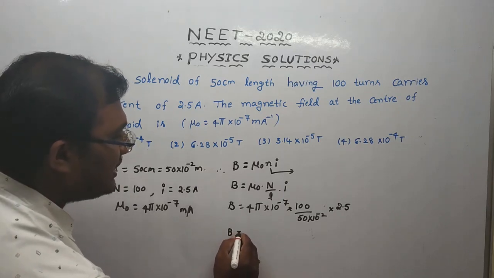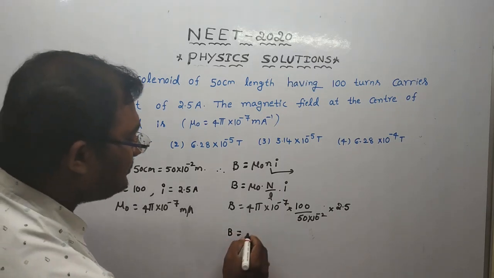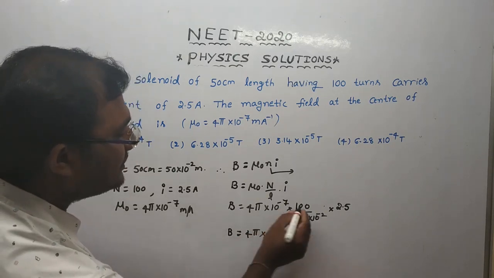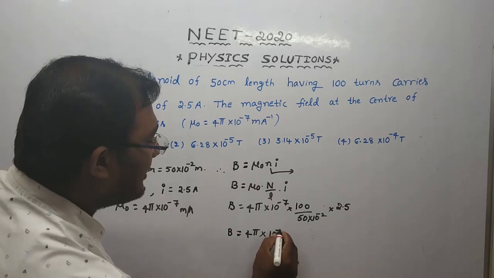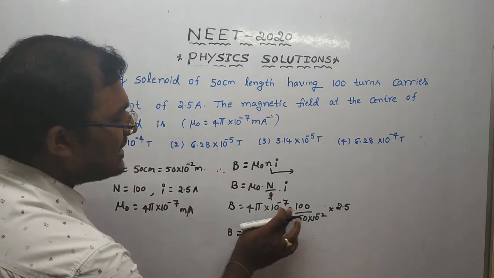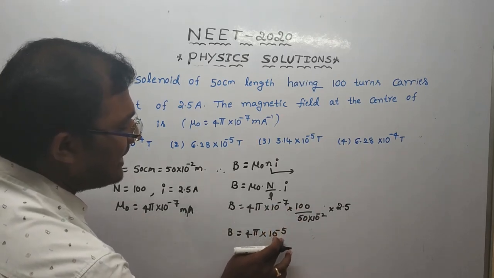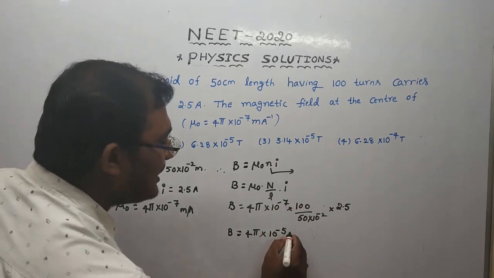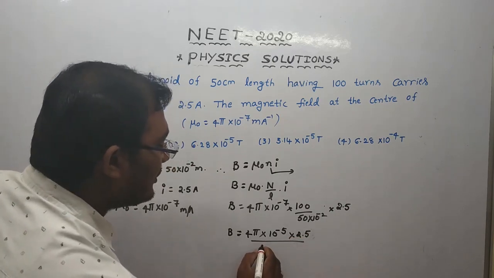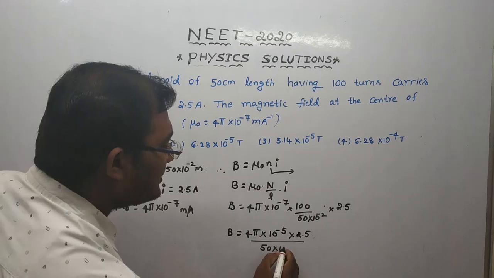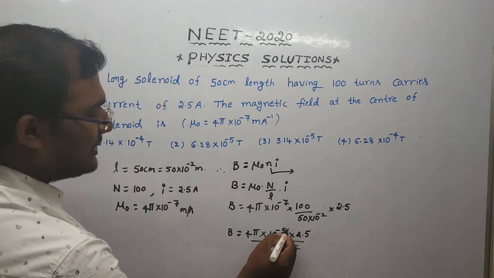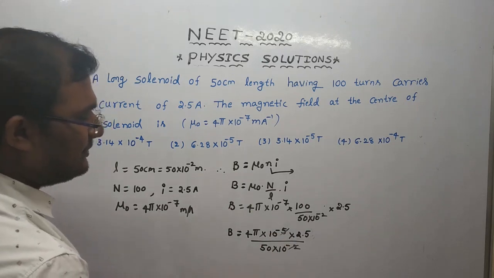Therefore, B equal to 4 pi into 10 power minus 5. 100 can be written as 10 square. The bases are equal, so powers will be added. That's why 10 power minus 5 into 2.5 by 50 into 10 power minus 2. 10 power minus 2 and 10 power minus 5 get cancelled.